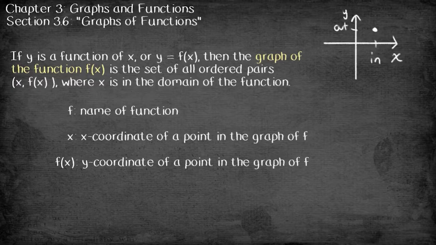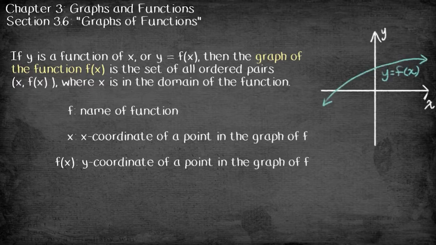But if I want to talk about specifically the y coordinates of that function, I'm going to say f of x. So this is a common way to write it. If I graph a function, then you draw the curve on the plane, or whatever it is, and you write y equals f of x, except you're substituting whatever f of x actually is.